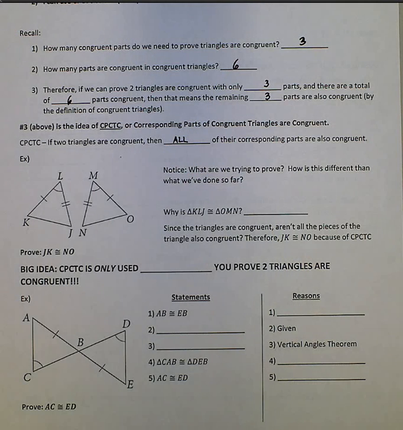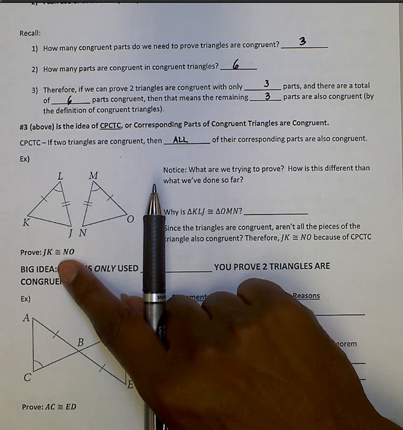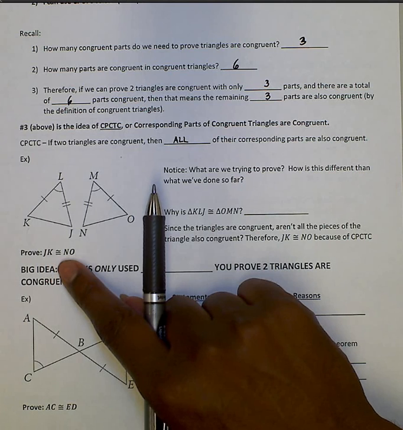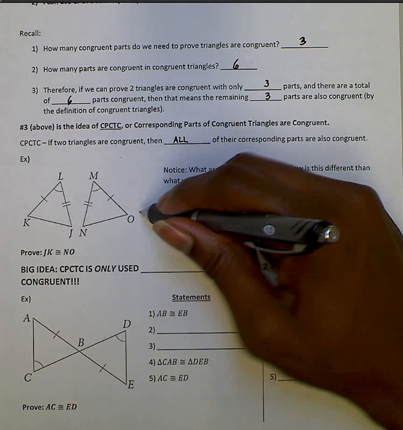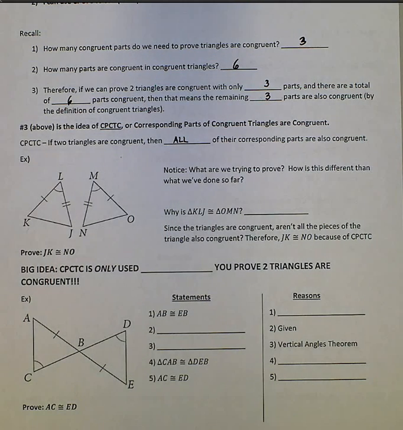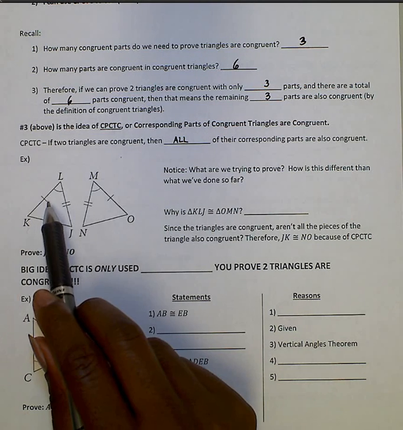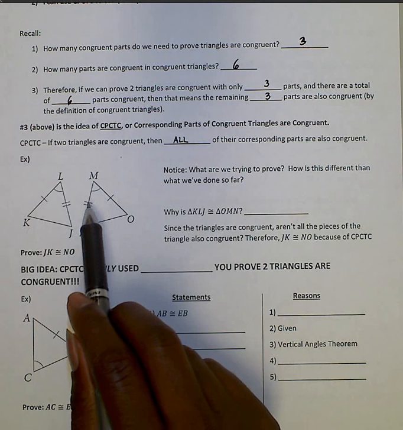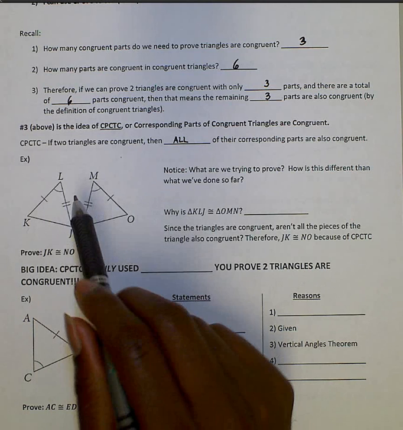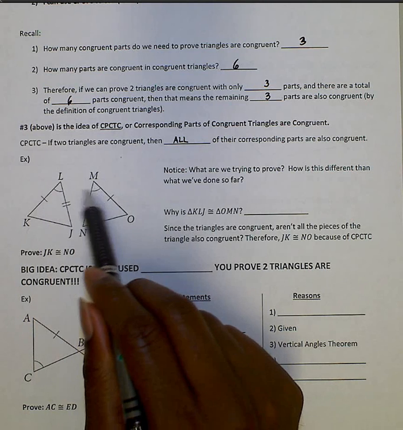Okay, so notice, we're jumping straight into an example here. Notice what we're trying to prove here. I want you to prove that JK is congruent to NO. It's not marked for us. Now, this is already proven out for us, so we see we have LK congruent to MO, MN congruent to LJ, and then we have this included angle congruent.